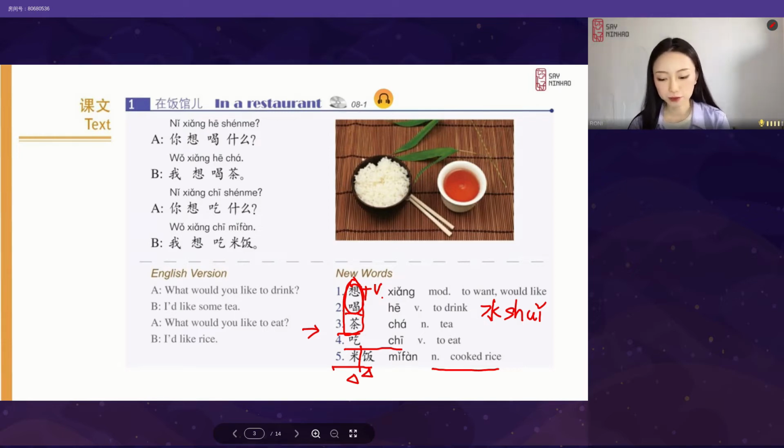Okay, very good. And if you want to just say eat some meal, then you can just say 吃饭. This 饭 here is enough. 吃饭, eat meal.